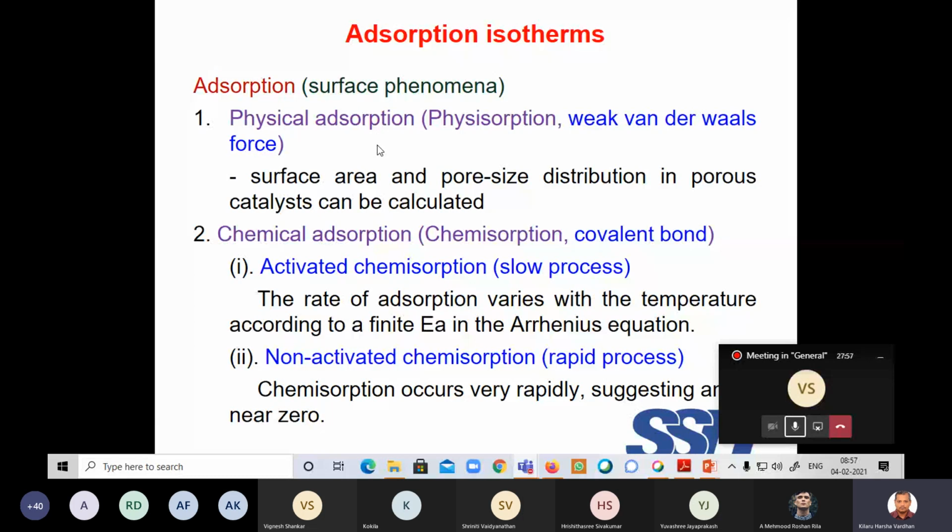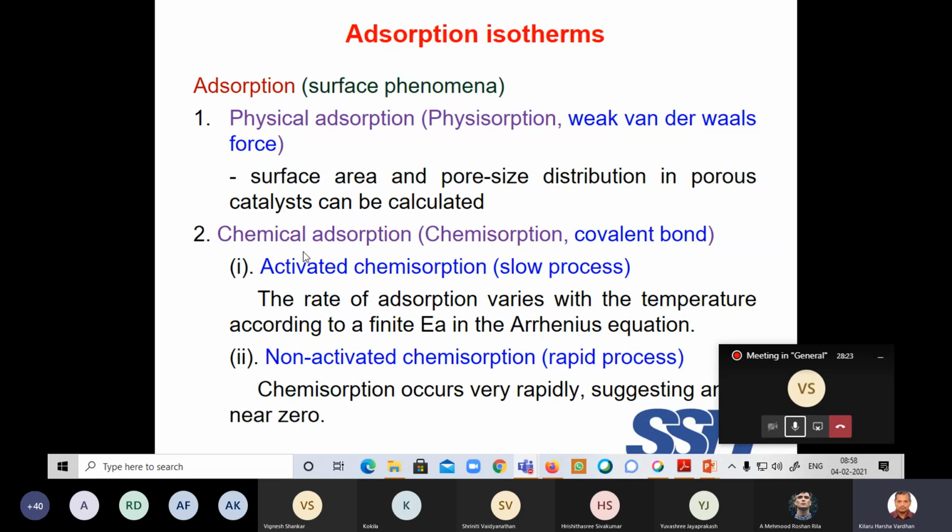Due to the weak van der Waals forces, the gas is adsorbed on the vacant active site on the solid. It can be reversed, that is, you can take it out. Whereas chemical adsorption, or chemisorption, is formed because of covalent bonding. There will be some reaction which is going to happen.